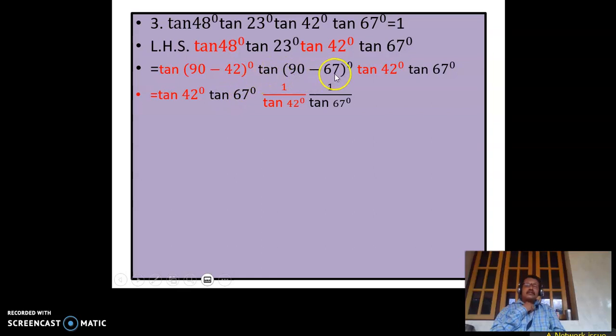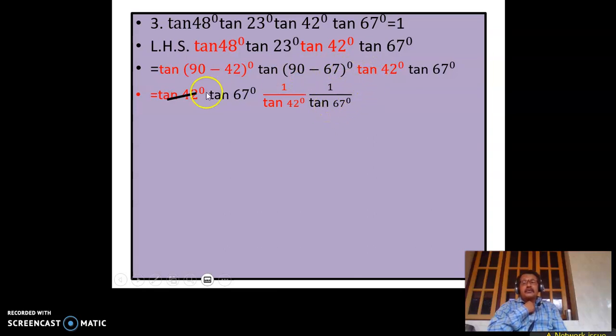Tan 90 minus 67 is cot 67. Cot 42 can be written as 1 by tan 42, and cot 67 is 1 by tan 67.